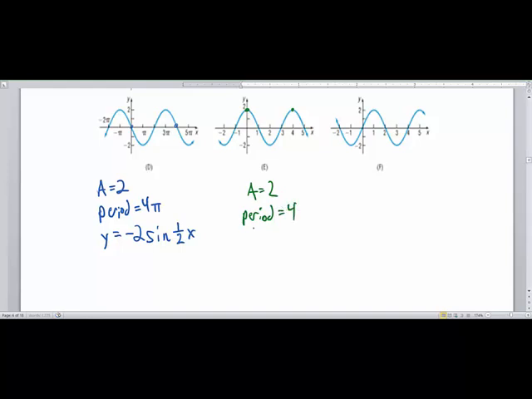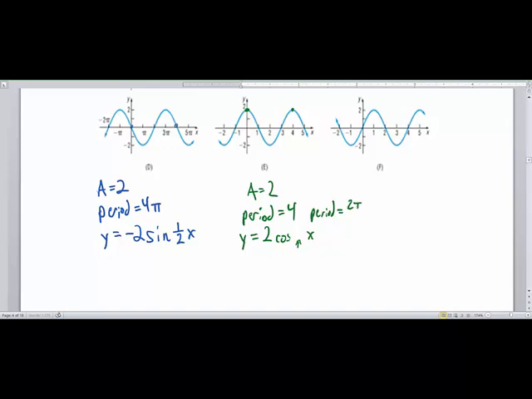But we're going to be able to use our formula, because we have to figure out our y equals 2 cosine. Got to figure out that missing b that goes in front of the x. And plugging the 4 right there would be wrong, because the letter in front of x is a period modifier and not actually the period.